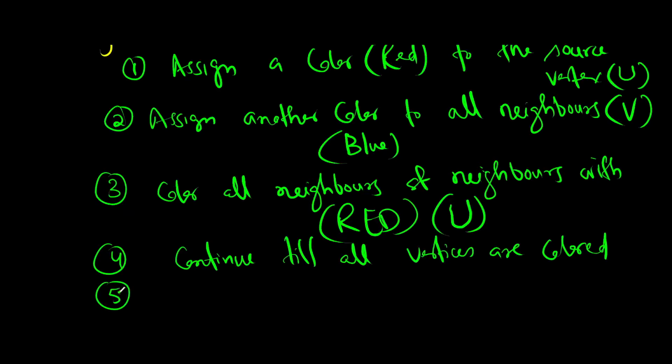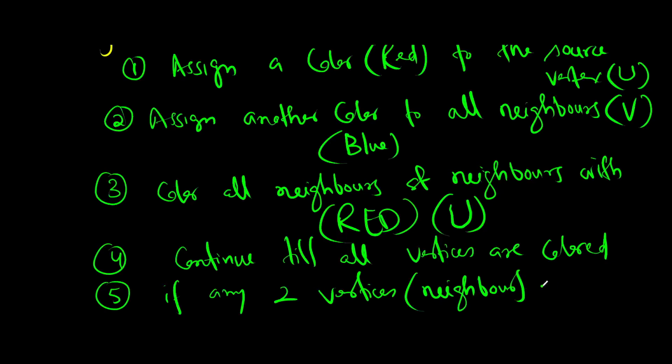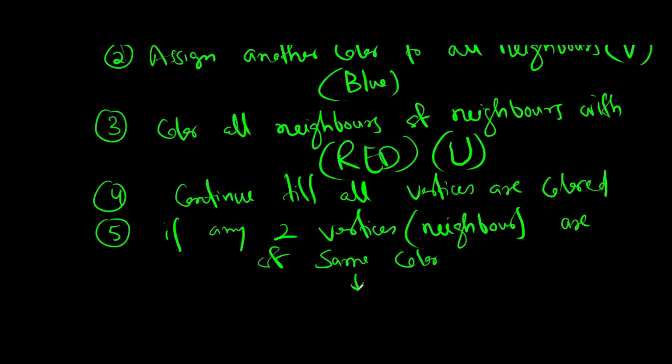Now one thing you have to keep in mind: if two neighbor vertices are of the same color, we have to stop at this place and return false. What does it mean? That this graph is not bipartite. Okay? So let's take some examples and then write the pseudocode.